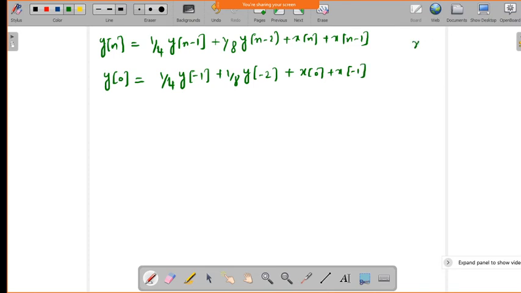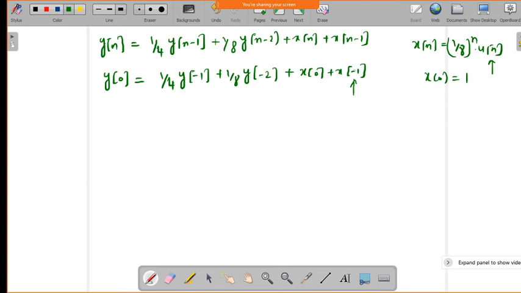So now x of n is given, which is equal to 1 over 8 power n into u of n. Okay. So now if you put the value of n equal to 0, you will get the value x of 0 as 1. Okay. And if you see here x of minus 1, only the x of n exists for the positive values, which is n greater than or equal to 0.